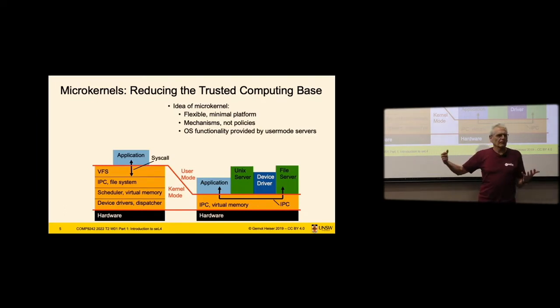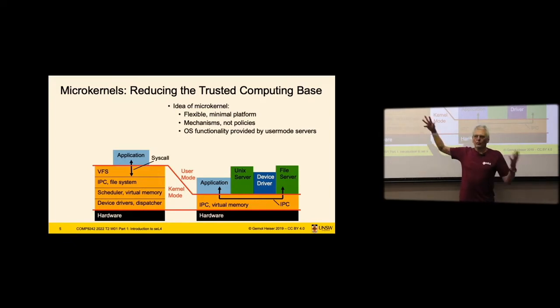And in particular, with respect to security, that means if an attacker compromises one thing, for example, one of the, I don't know how many file systems, Linux, I think, supports something like literally dozens of file systems, hundreds or thousands of device drivers, etc. Each one, if compromised, will compromise the whole system.